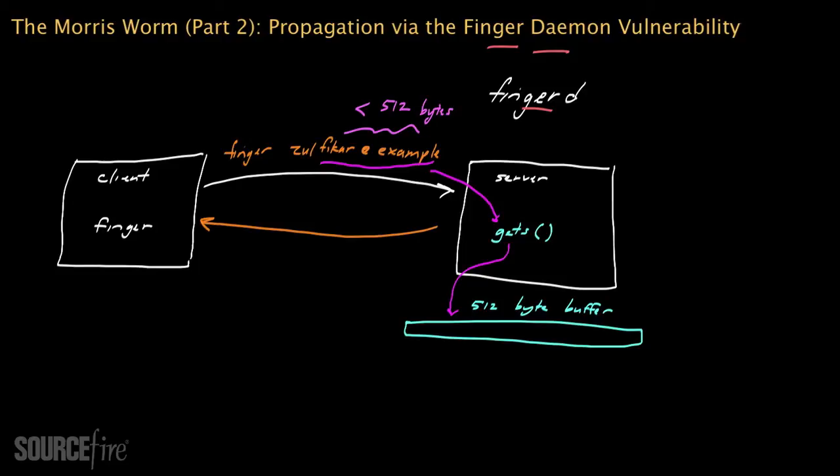However, it turns out that the gets subroutine in C does not actually check if the username that was supplied is within the right size bounds. Because gets fails to perform this check, if an attacker provides a string that is longer than 512 bytes, then that string will overwrite past the length of the buffer and will cause data to be written to other system data structures.